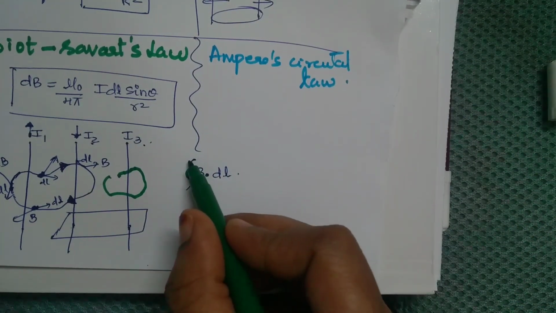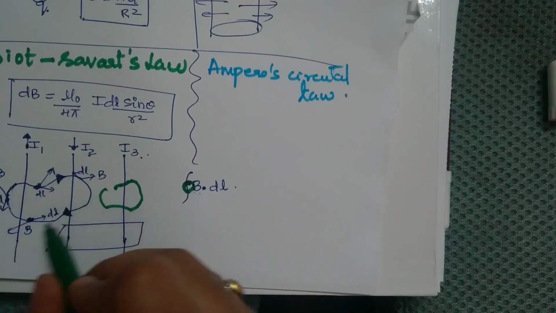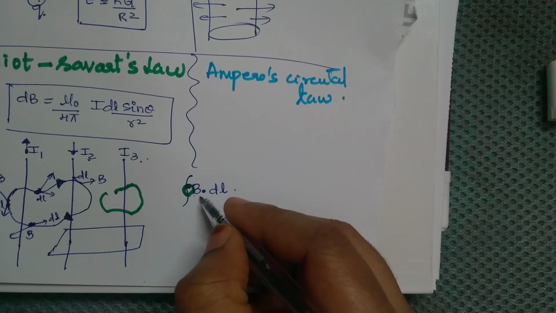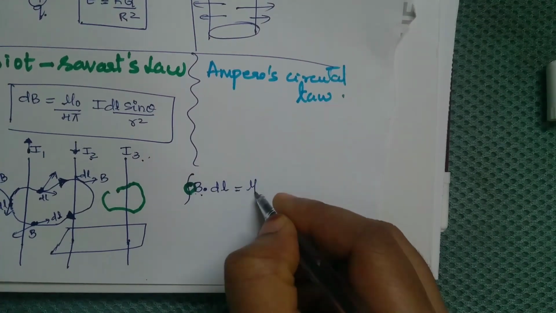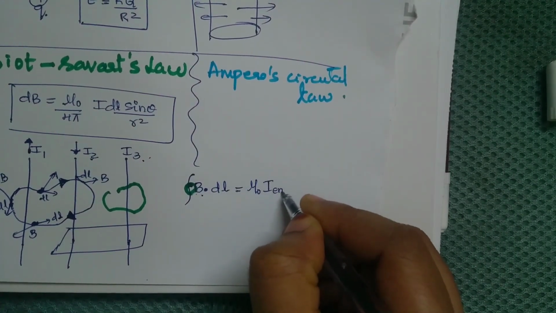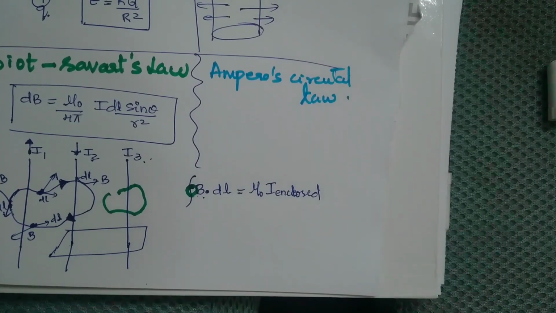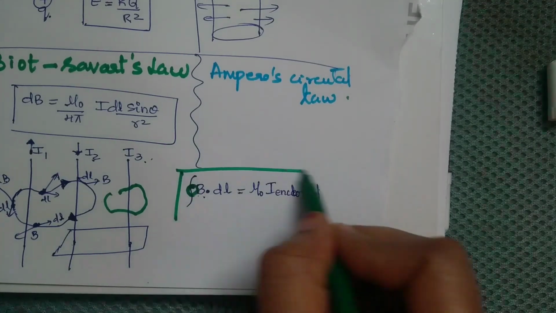Always it should be a closed loop. Therefore, the closed integral of B dot dl is equal to mu naught times the current enclosed in that closed loop. This is known as Ampere's circuital law.